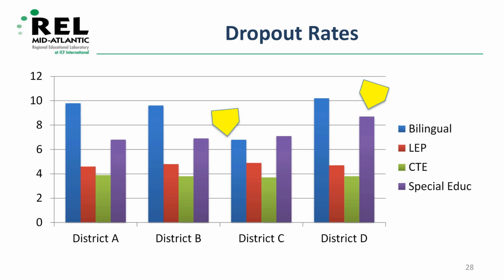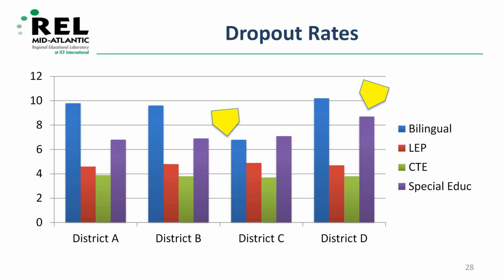Looking at dropout rates, and again, I don't know about the reasonableness of this, but by different programs, bilingual, LEP, CTE, special ed, so consistently the bilingual is higher. I'm just making that up. I'm not trying to be inciting anything. But then, man, in District C, they've got a much lower dropout rate.